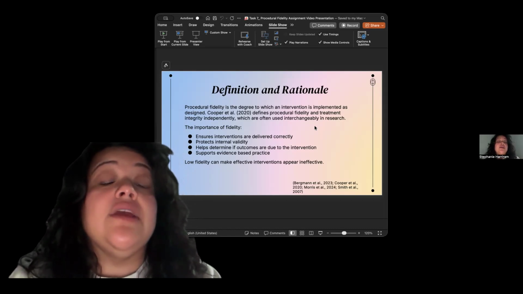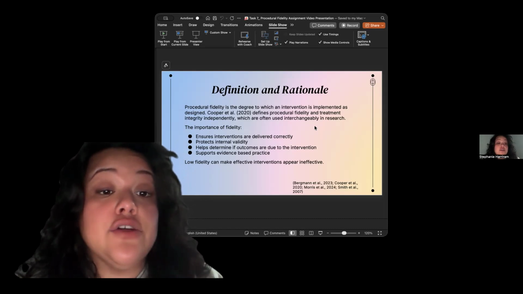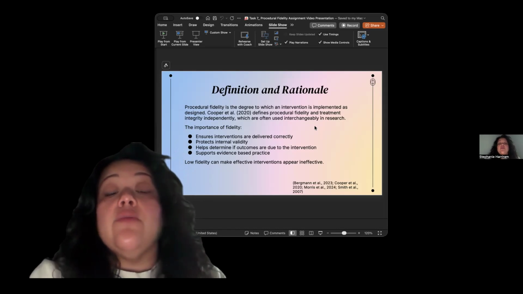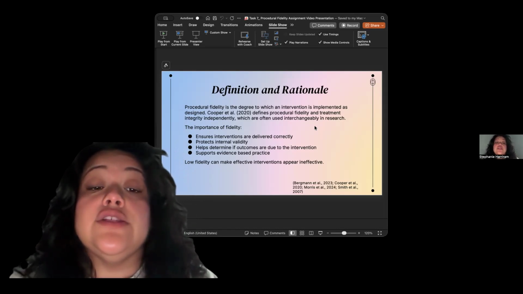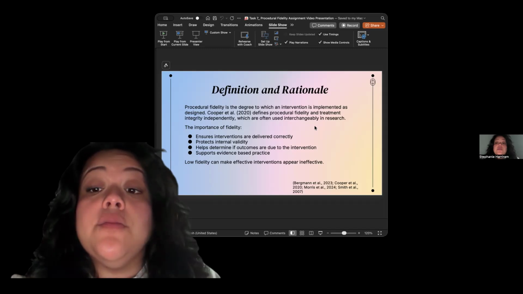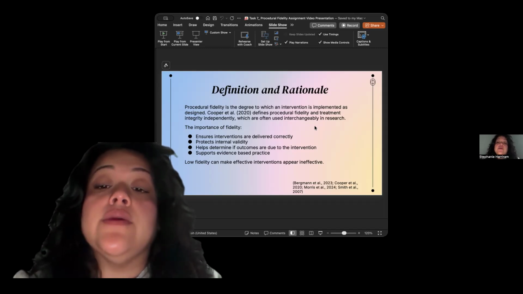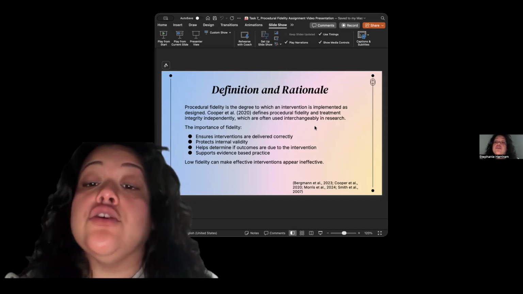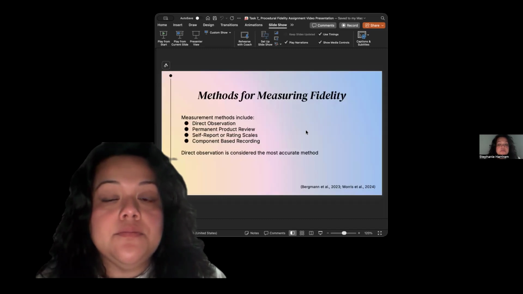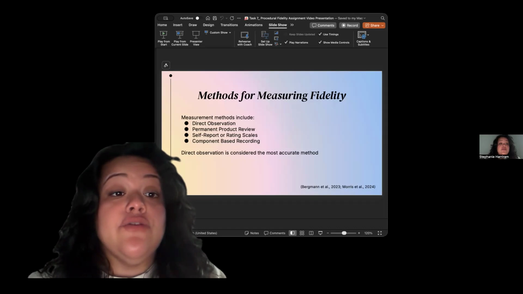It helps determine if those outcomes are due to that intervention and not other factors, and it supports those evidence-based practices that we find in our research. It is essential because without procedural fidelity data, we cannot determine whether the behavior changes are due to the intervention or inconsistent implementation. Now, several methods are commonly used to measure fidelity.